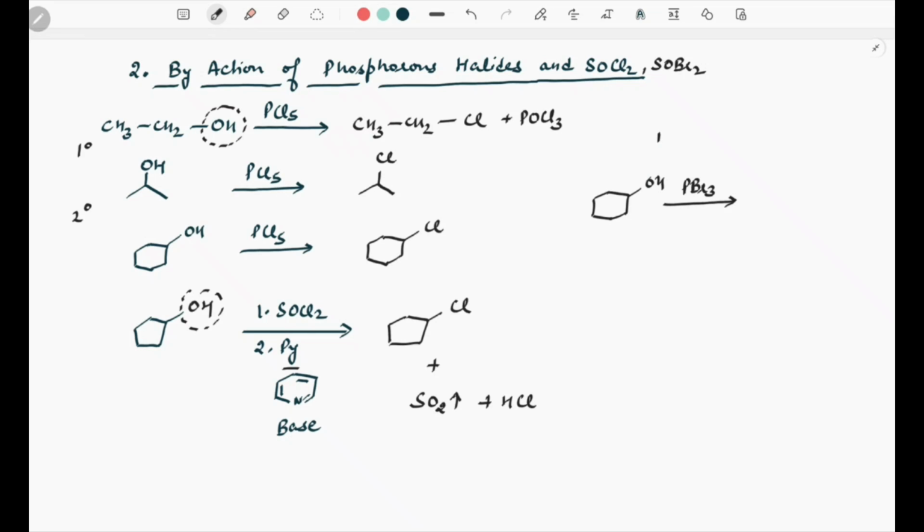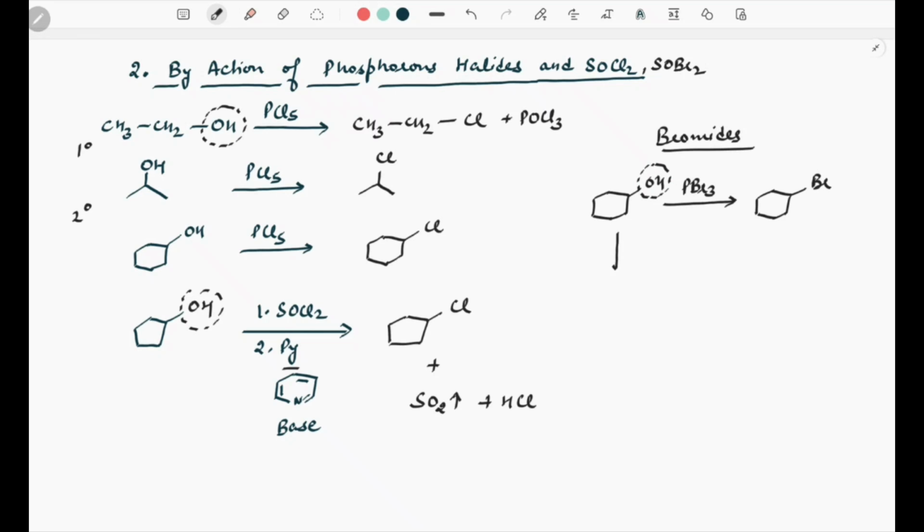Similarly, in case of bromides, PBr3 can be used, which again results in the formation of bromocyclohexane. That is, now we are using PBr3, therefore OH is replaced by bromine.